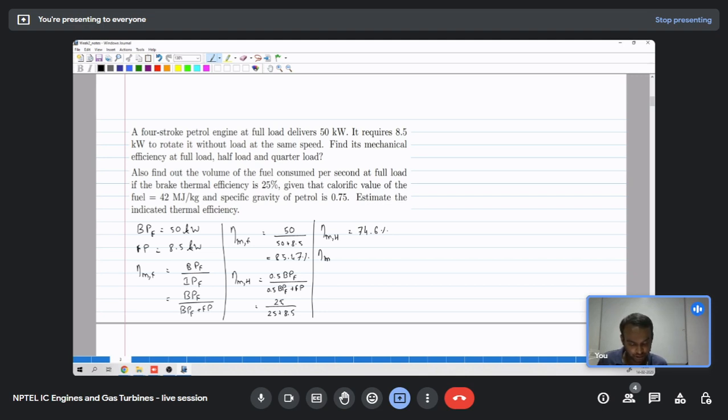Similarly, mechanical efficiency at quarter load will be 0.25 brake power at full load divided by 0.25 brake power at full load plus friction power. It should be 12.5 divided by 12.5 plus 8.5. So this is 59.52%.